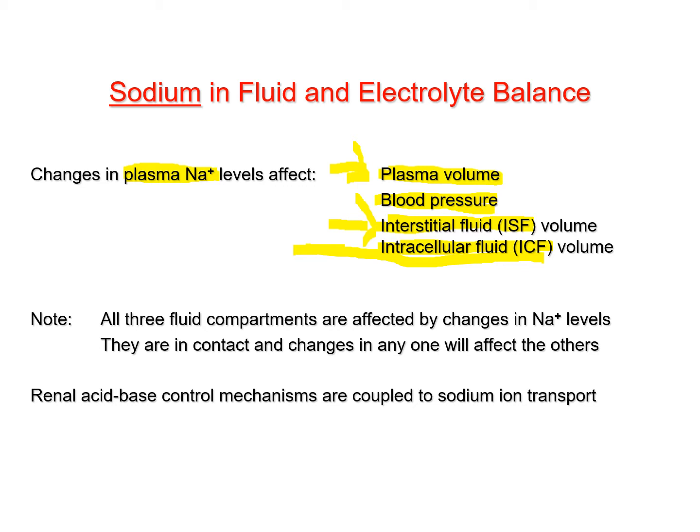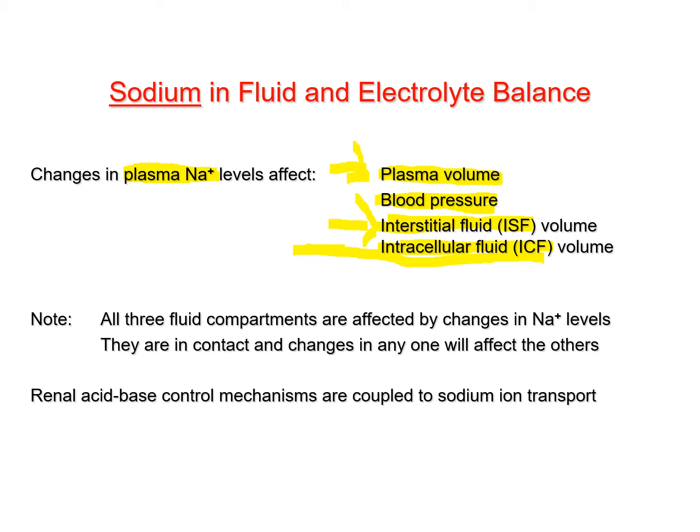If there's an increase in the sodium level in the plasma, that will pull water by its osmotic ability, osmotic pressure, osmotic potential. It'll pull water across from the interstitial fluid, and that will trigger some fluid movement out of the cells. And it can go the other way.